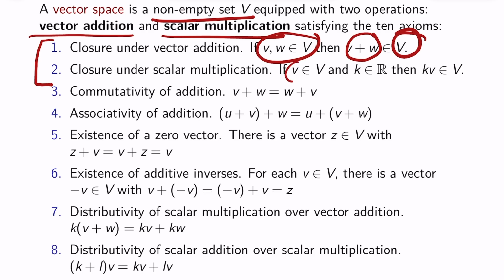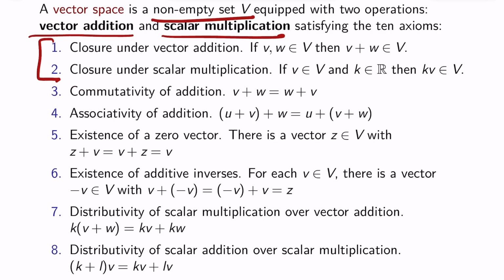And if we take one element in the set and one number, the scalar multiplication of them should still be in the same set. Once we prove that the two operations satisfy the closure axioms, I mean that when we do the addition and the scalar multiplication, in both cases the result remains inside the set, that's why they are called closure.